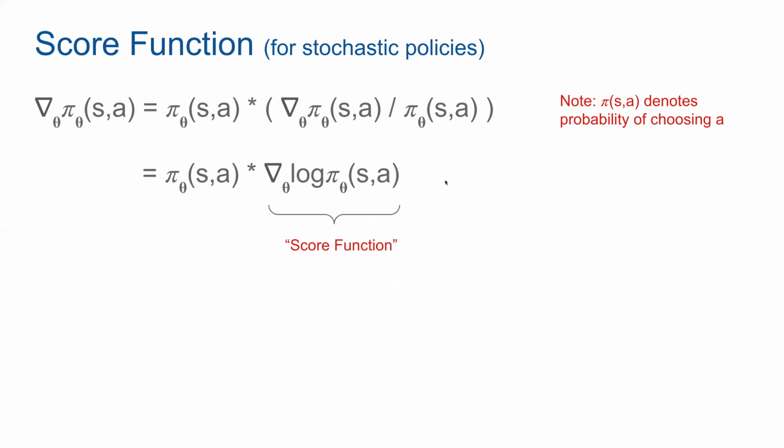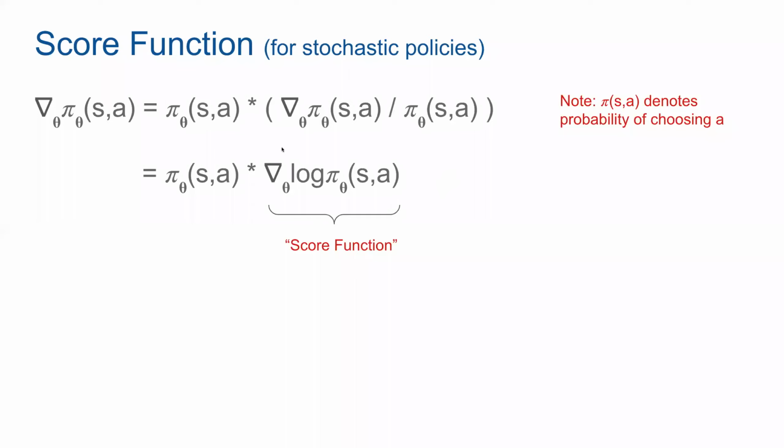Okay, so we're going to restrict ourselves in the context of reinforcement learning to only stochastic policies, and the reason for that will become clear in a few slides. So if we have a stochastic policy, then we can write pi of S A as the probability that the policy chooses action A at state S. So this is a slight abuse of notation.